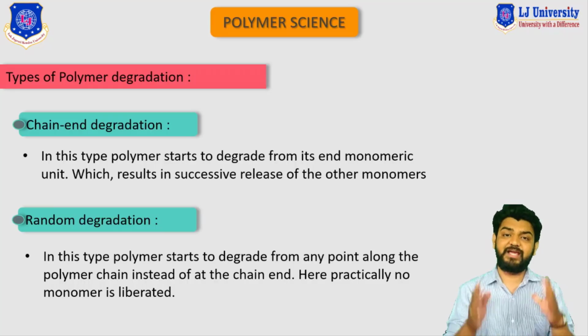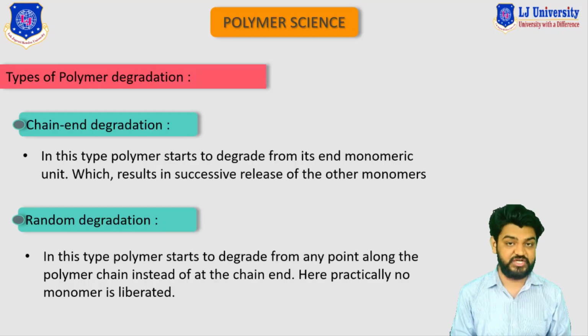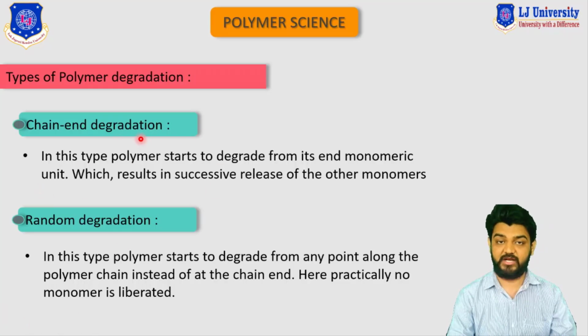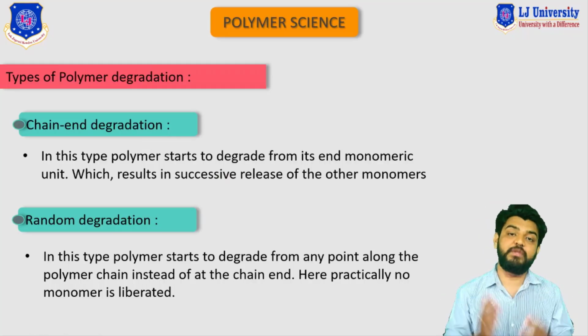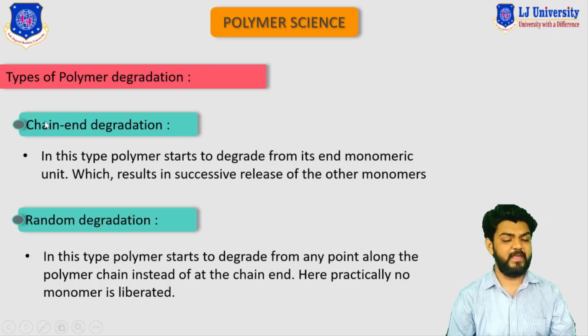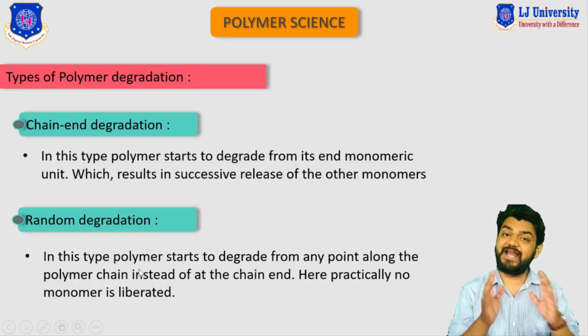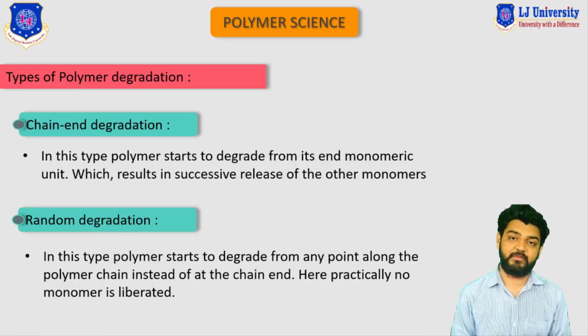So here we can say that there are two different types of polymer degradation. One is chain end polymer degradation, in which degradation starts from the last monomer unit in the long polymer chain. Another is random degradation, in which degradation starts from a random site of the long chain polymer.